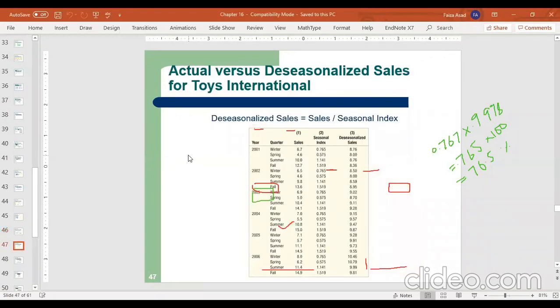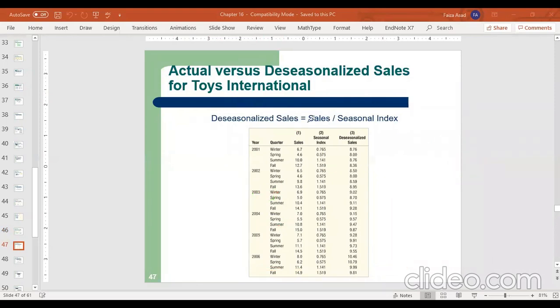In the next slide, actual versus deseasonalized sales for Toys International. How do we deseasonalize the sales? We simply divide the original or actual sales by the seasonal index. The first column shows the sales data, the second shows the seasonal index, and the third shows the deseasonalized sales.